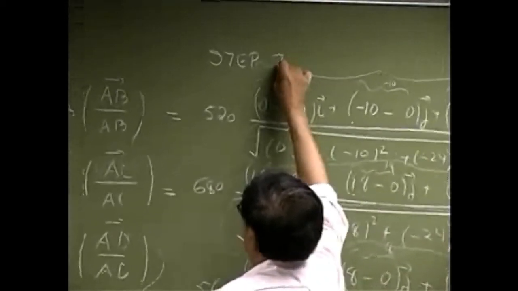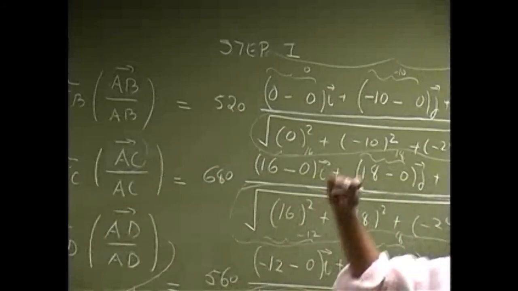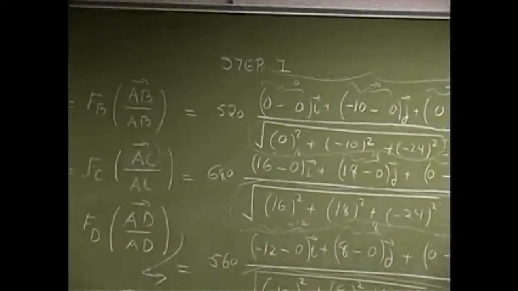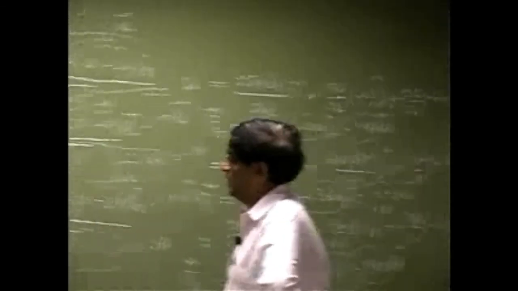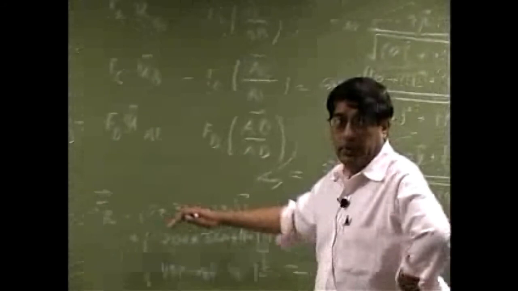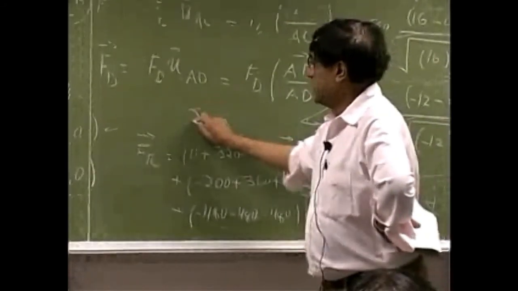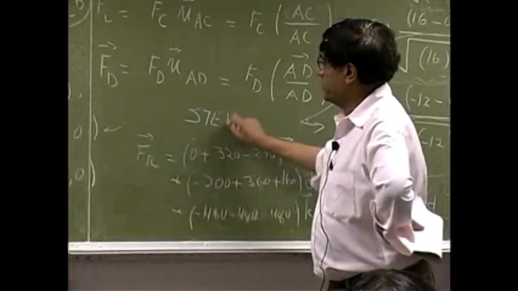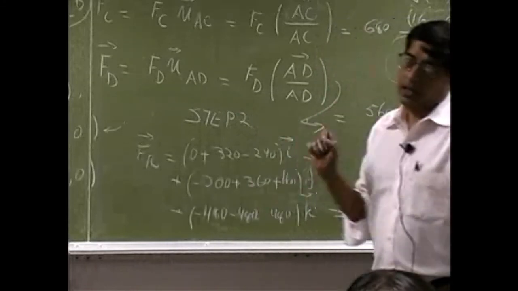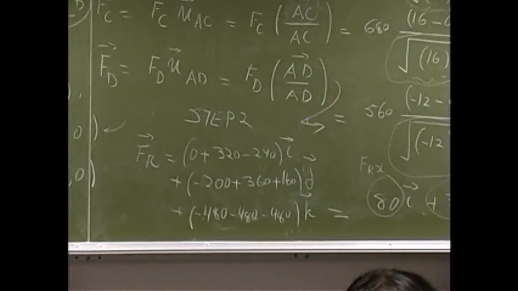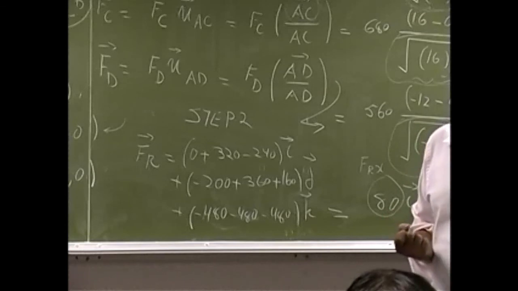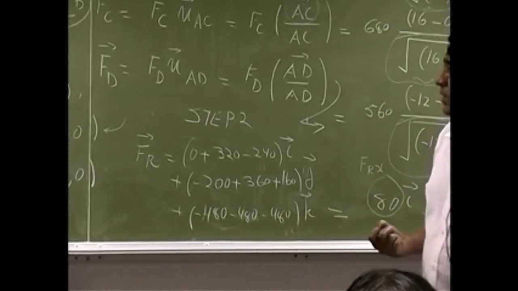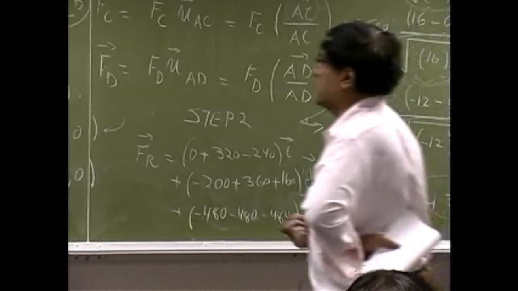So this was all the way up here. That was step 1. That means you represented every force in its vector form. Then this part here, when you added the components, that was step 2. You took the x components of every force, added it. You did the same thing with the y components, and you did the same thing with the third component.